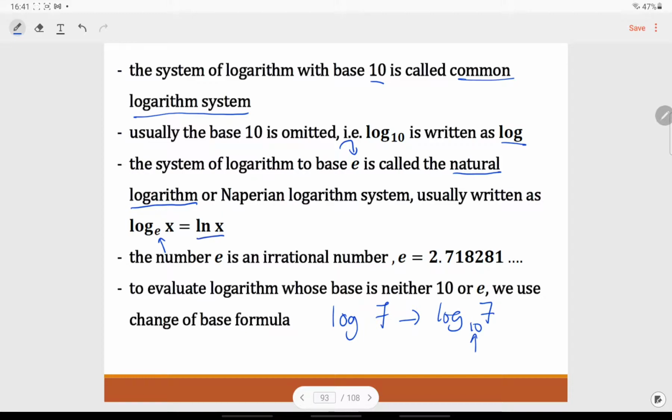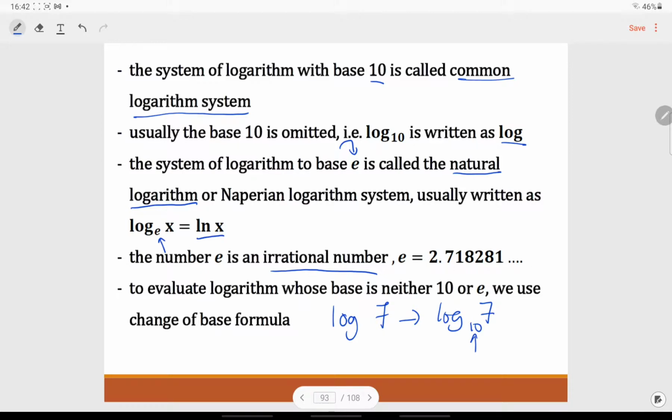So log to the base 10 is common logarithm. Log to the base e is natural logarithm, or Neperian logarithm system. So if e is the base for x, it is equal to ln x. Alright, the number e is an irrational number, which is called the exponent value.